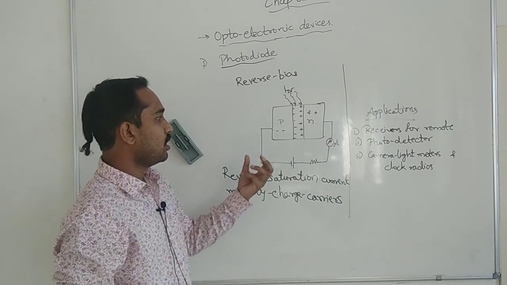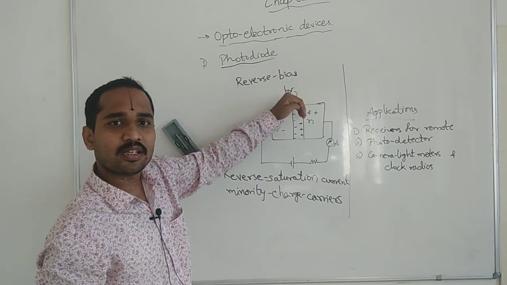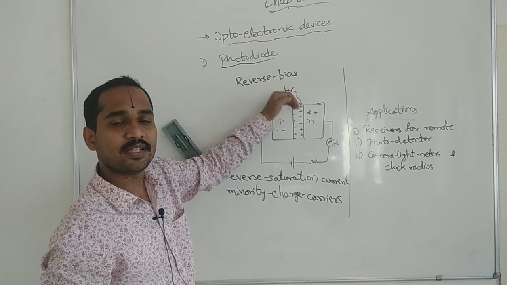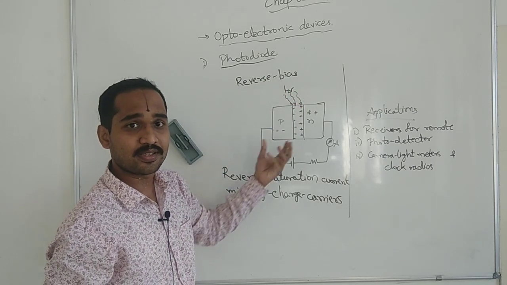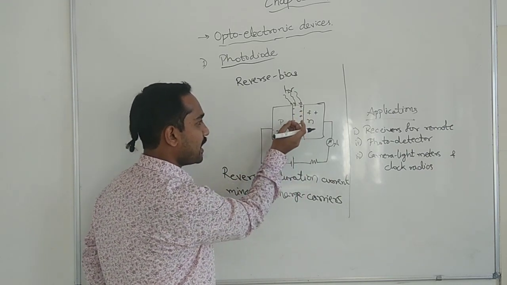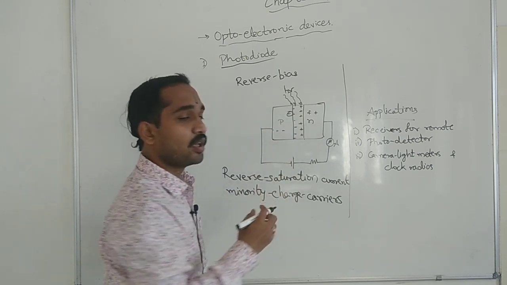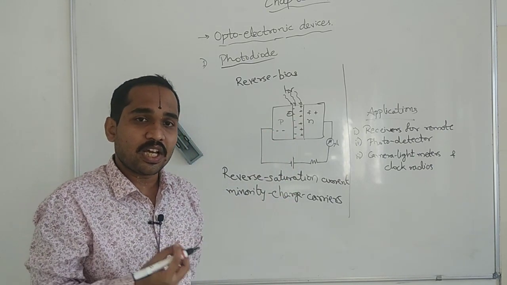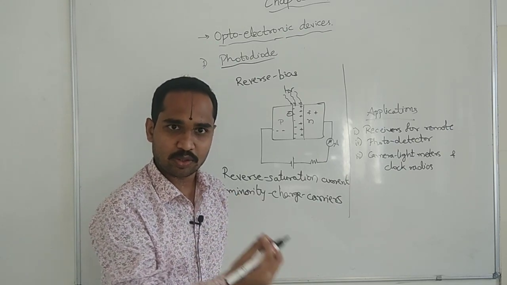Now, what happens when you incident a photon? When you incident a packet of light energy, h nu, there is an electron somewhere, and it will get enough energy to jump from the valence band to the conduction band.